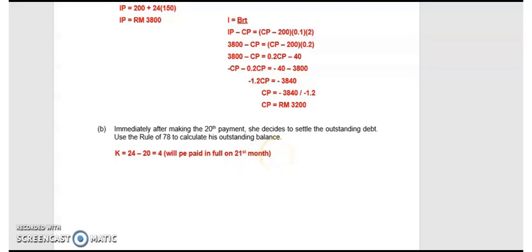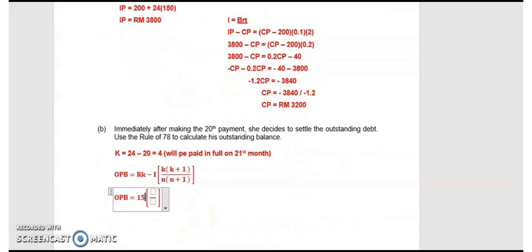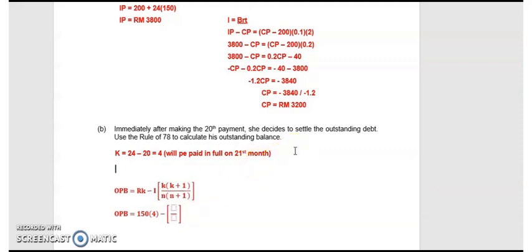Okay, how to calculate the outstanding balance? So use the rule of 78. So this is the rule of 78. So PB equal to R, what is the monthly payment just now? 150, multiplied by K, which is 4, minus interest. So how to calculate interest? We know that interest can be calculated as IP minus CP.